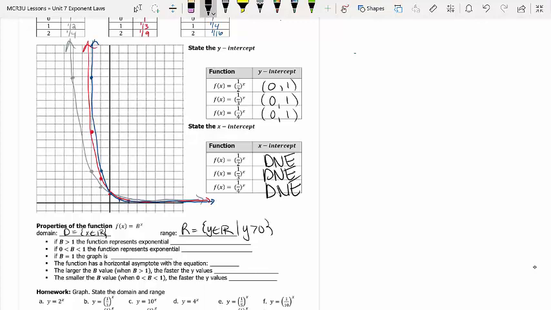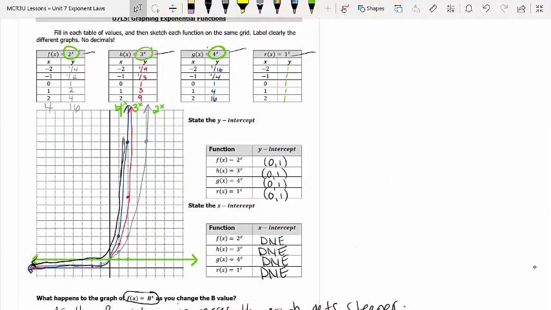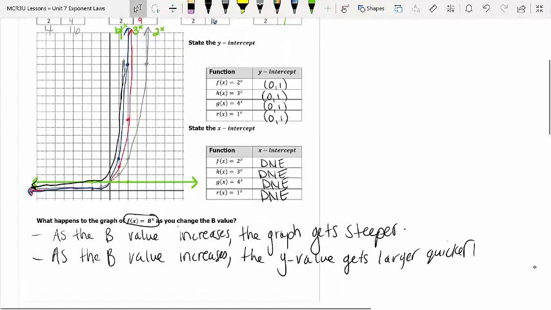Okay, when we look at the graphs from the first page, all the b values were greater than 1. And this represents what we call exponential growth, because as you read the graph from left to right, the y values increase, hence the growth.